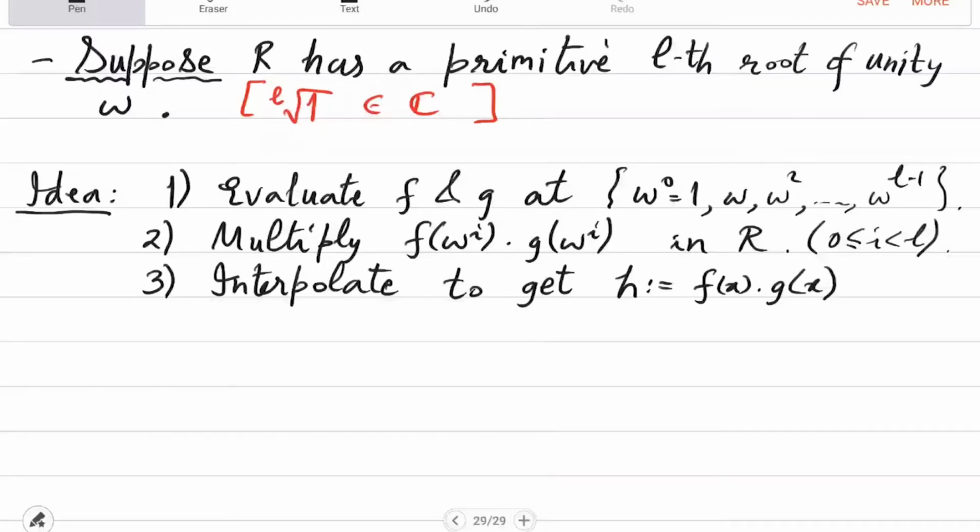So for interpolating h, wouldn't we need 2L coefficients? That is true, yeah. Those things are there, but say you assume that L is big enough. So we started with the assumption that f and g have degree at most L. So in practice you use L by 2.